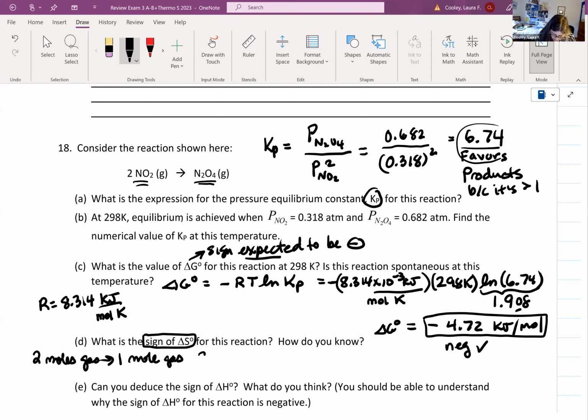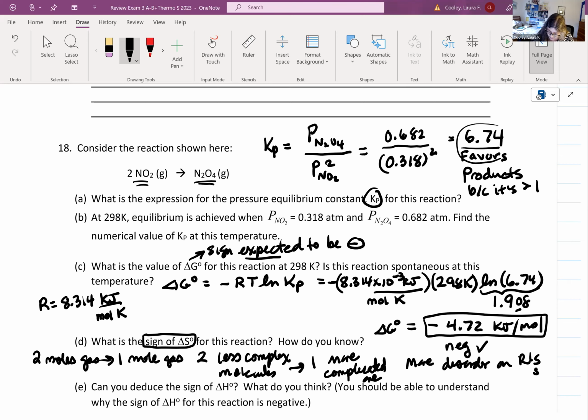You also have 2 less complicated molecules going to 1 more complicated one. So you have more disorder on the reactant side. That's negative.